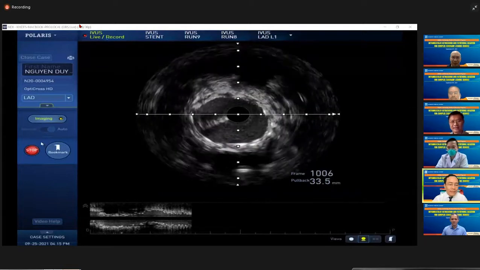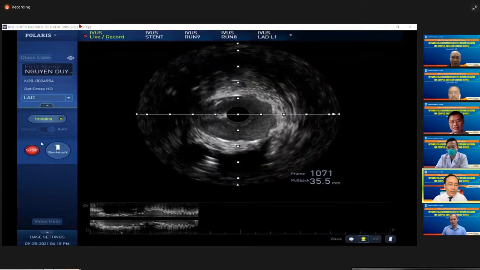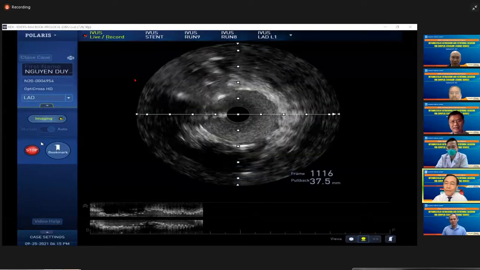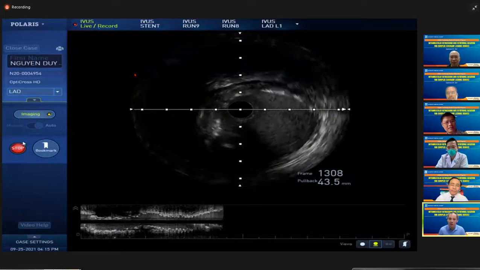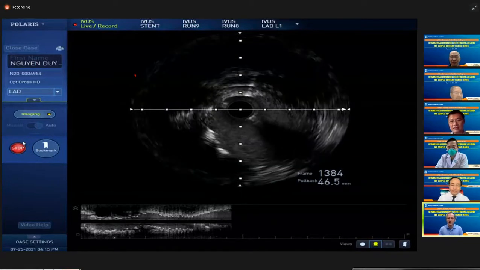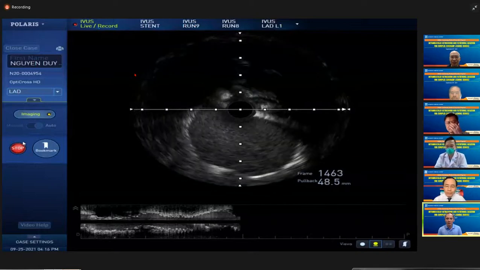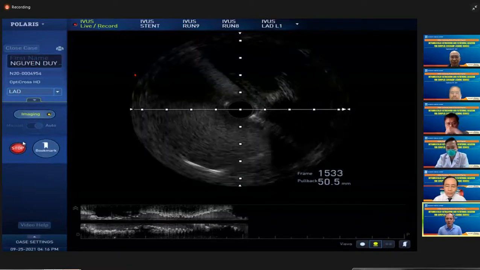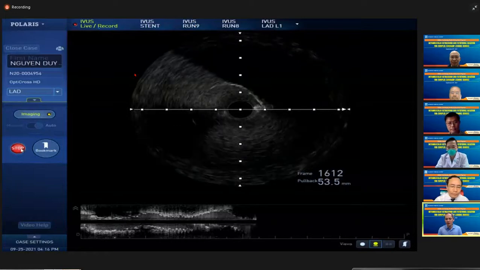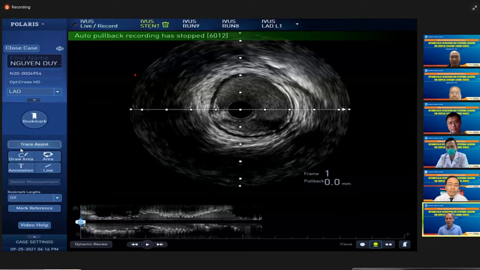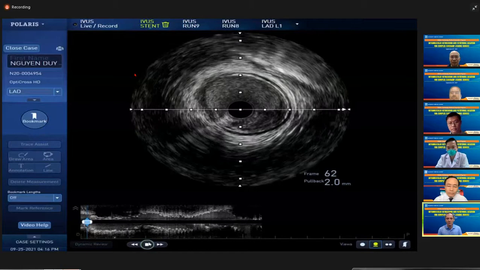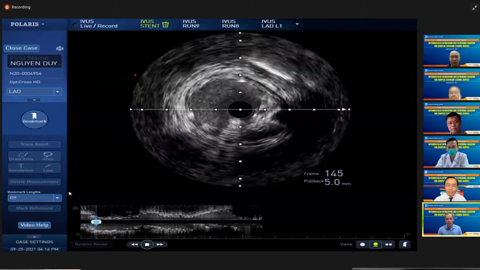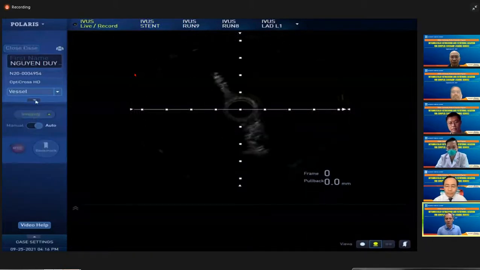One question for you. When we do the first kissing, do you use a normal balloon or an NC balloon? In the first kissing, I use the NC balloon in the side branch, and maybe a bigger balloon in the main branch. In this case, maybe I use a 2.75 NC balloon in the LCx and maybe a 3.5 NC balloon in the left main LAD.